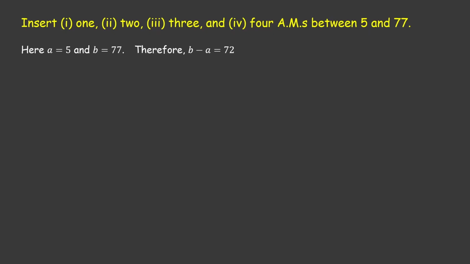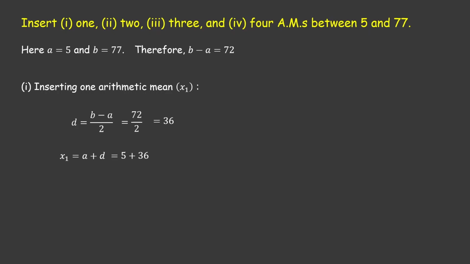Let's do the first part. We need to insert one arithmetic mean, that is only x1. So the difference is given by (b - a)/2 because there's only one mean, which is 72/2, that's 36. So x1 is a plus d, 5 plus 36, that's 41.